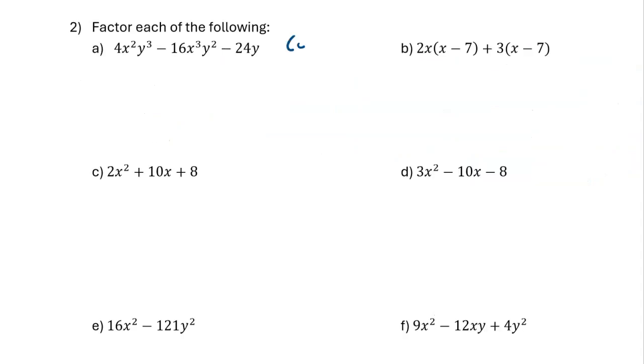So the first factoring question says this. It's 2a, and it says 4x squared y cubed minus 16x cubed y squared minus 24y. And so we always want to start by common factoring if possible. So here the only thing that's common as far as the number, a common multiple, is there's a 4. The x's, there's no x in the last term, and the y, there's only one y in the last term.